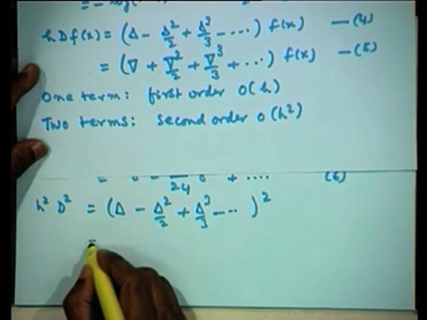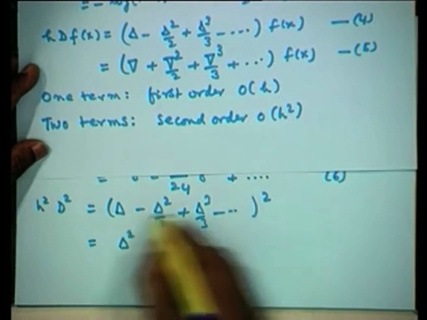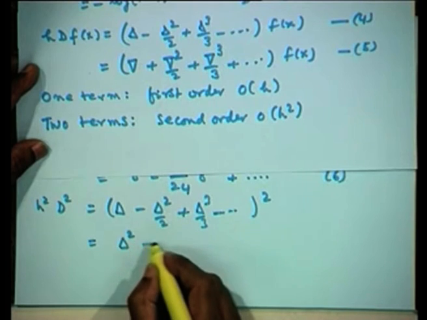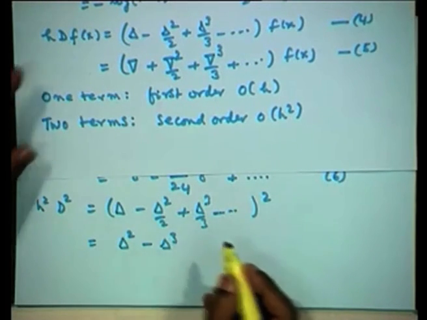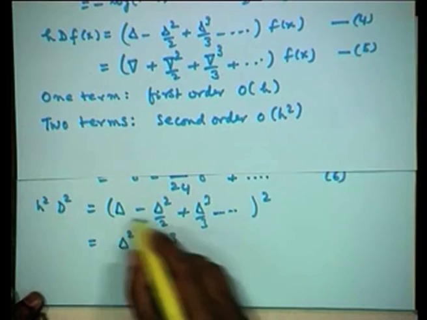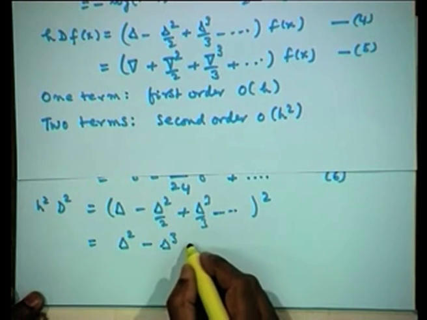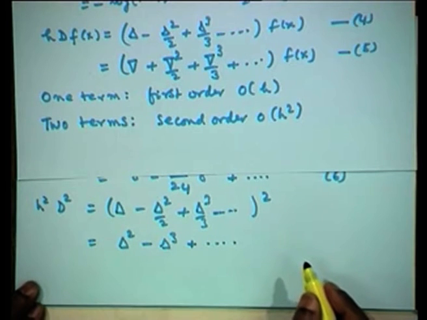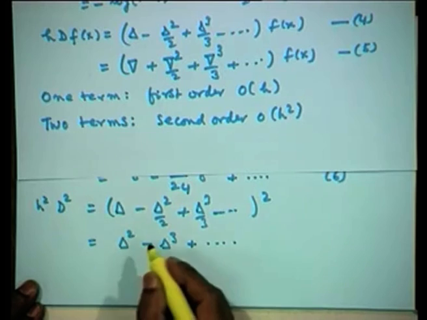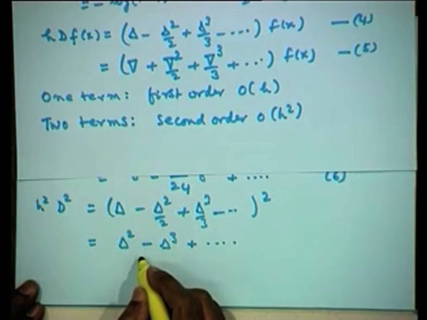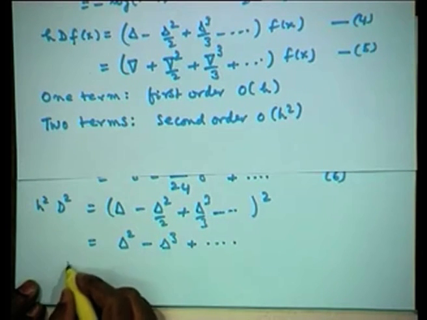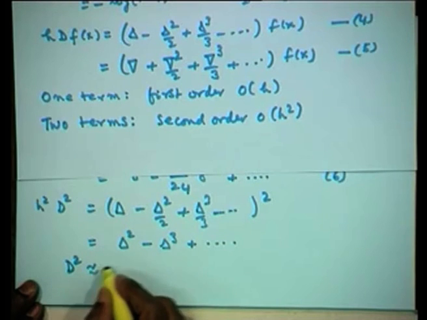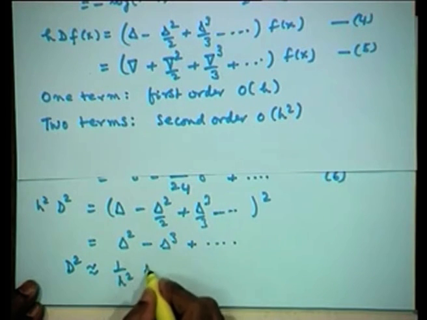That means, let us open it up: delta squared, the product of this is delta cubed. I am writing the first 2 terms, delta square, 2 times this one, that is minus delta cubed, plus so on. Now, you can see again, if I cut the first term, what we have done earlier we get, that is d square is approximately 1 upon h square delta square.